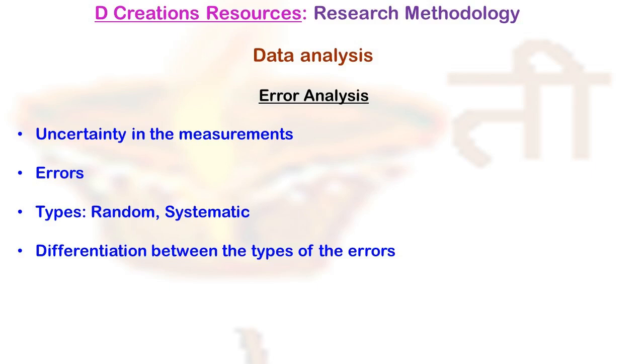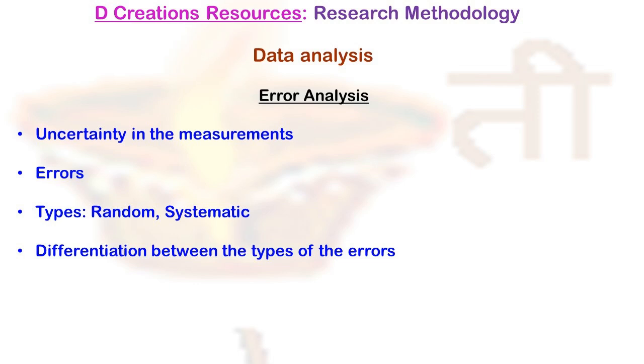So, let us speak about two prominent types of errors, which are systematic errors and random errors. Well, the name itself gives you a hint as to what the meaning would be or how you would be able to differentiate between these two types of errors. Fluctuation in voltage or fluctuation in temperature could be an example of random error.